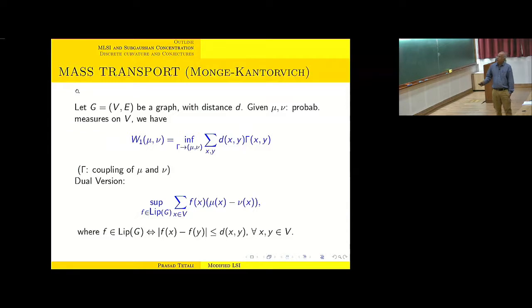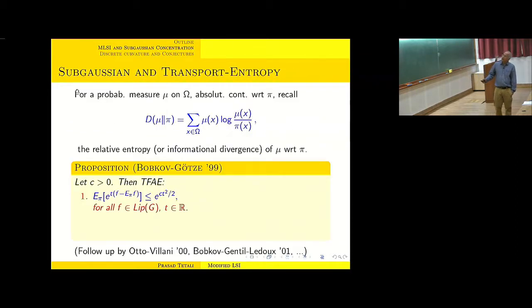And this is the dual, right? The dual involves taking the supremum of E_mu f minus E_nu f over Lipschitz functions, Lipschitz with constant 1. And again, recapping, for sub-Gaussian concentration, you might want to bound the log moment generating function of whatever random variable you're dealing with.